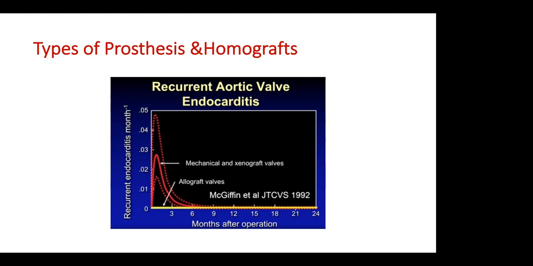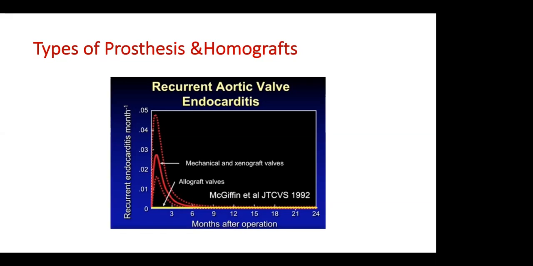This is difficult, but remember, if you use a mechanical valve in the setting of infective endocarditis, the post-operative management can be complicated because you have to anticoagulate these patients. If they have a stroke, they can bleed into their stroke. It's very difficult, but still I think the mechanical valve is preferred in a young patient who has infective endocarditis and doesn't have a cerebral problem. You can place a prosthetic valve.